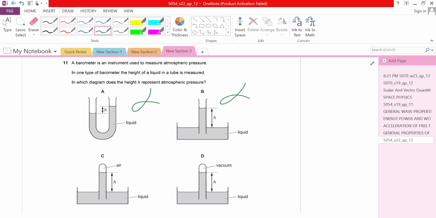Option C and option D, one of them would be correct. The option with the vacuum is correct for a barometer. One thing you need to remember is that to measure the atmospheric pressure, a barometer is used and the barometer should have a vacuum. The vacuum is given and this is the barometer image, so you should know how the barometer looks like. You can easily identify the correct option.